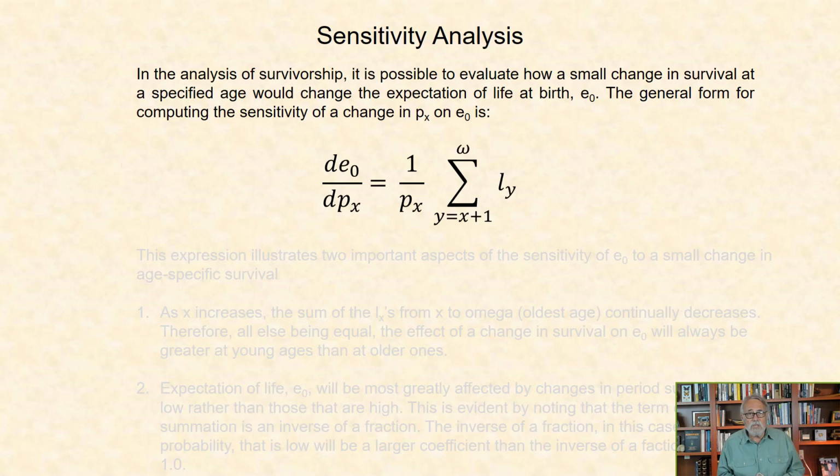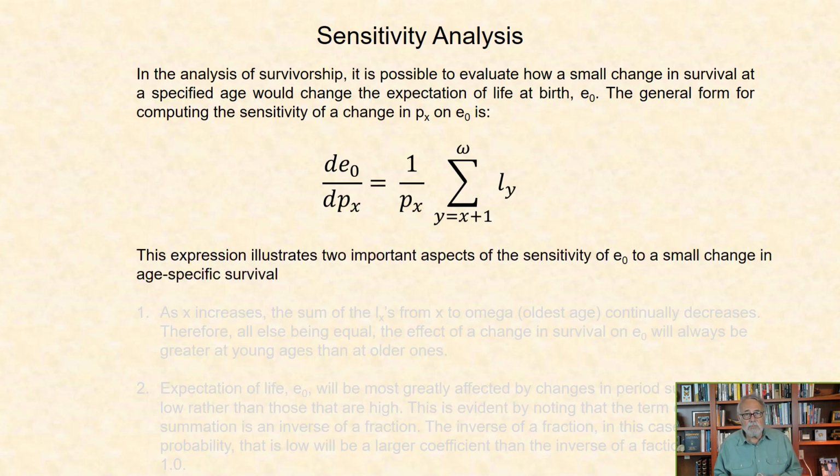Thus, the change in E naught relative to a change in px equals the product of the inverse of age-specific survival at age x and the sum of the Lx values, that is life days or life years, beyond age x. This expression illustrates two important aspects of the sensitivity of E naught to a small change in age-specific survival.